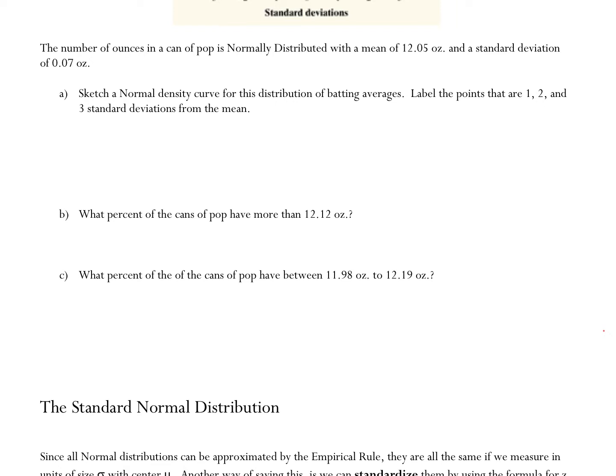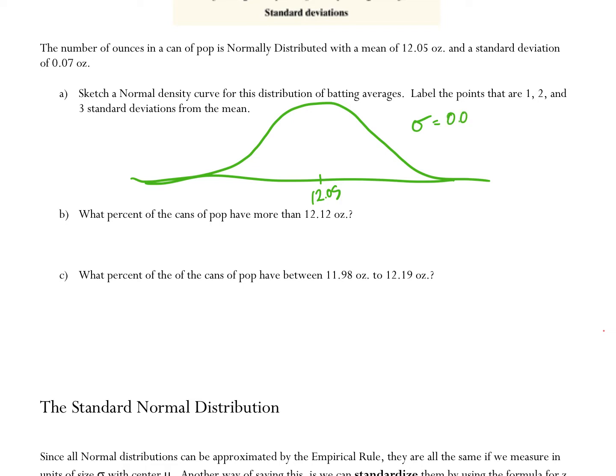So we're going to say that the mean amount of soda is 12.05 ounces, and that the standard deviation of the soda, which I'm going to write out here on the margin for now, is 0.07 ounces.